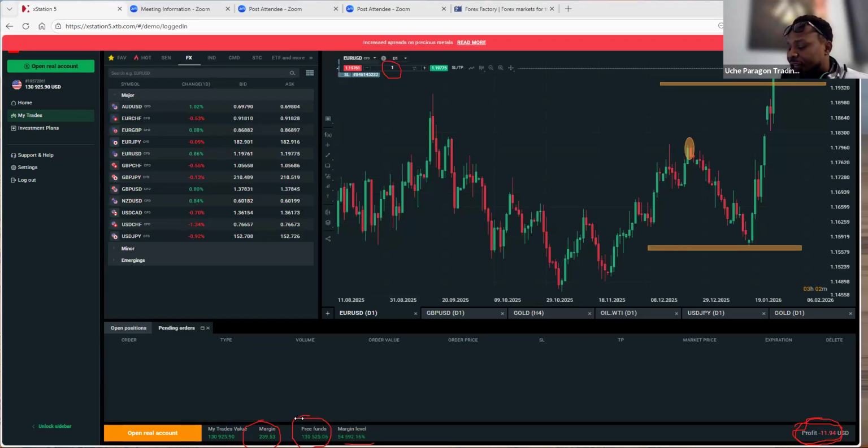However, when I'm making more profit, my free margin will be adding. Once I'm making more profit, my free margin will be adding, my equity will also be adding, and my balance can be constant because I've not closed the trade. But my margin is also constant, because margin is the security that was taken, that is holding that trade.